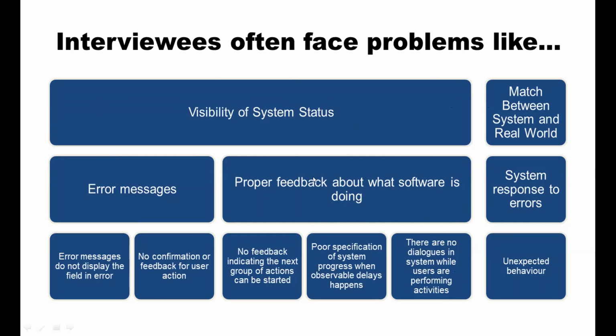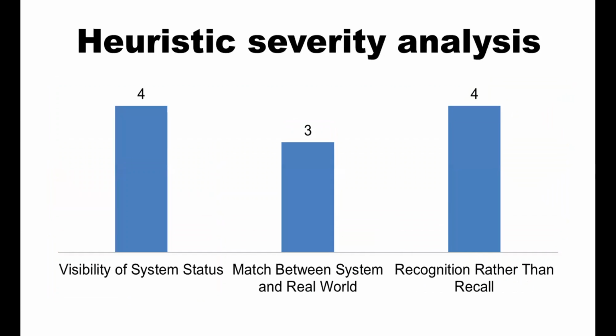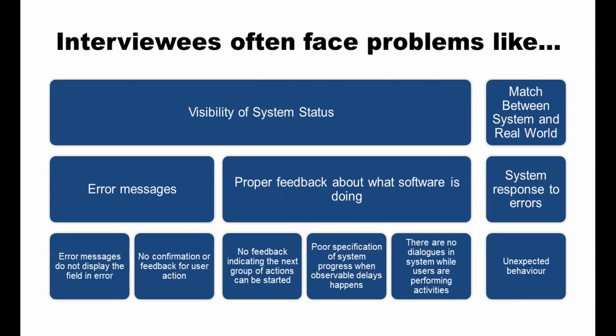So as you can see here, the users had a different vision of the software compared with the designers, because in the first analysis, the heuristics gave us three groups of problems: the visibility of system status, the match between system and real world, and the recognition rather than recall. So during the interview, we identified that just visibility of status and the match between system and real world are the real problems that the users perceive.